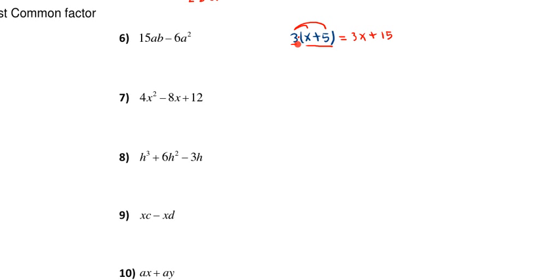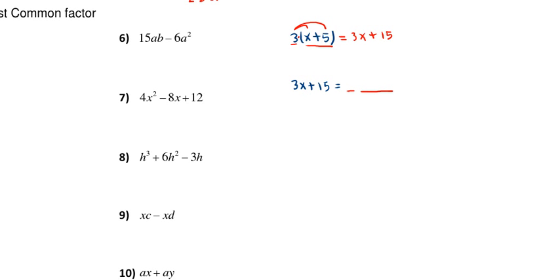So that is the distributive property. The factorization is the opposite. We will start with the answer and get these two factors. So we will be given 3x plus 15, and then we're looking for what are those factors that are multiplied to get this.